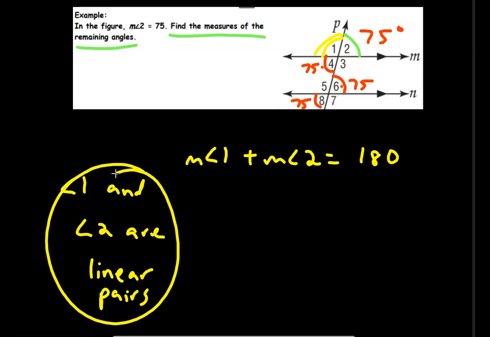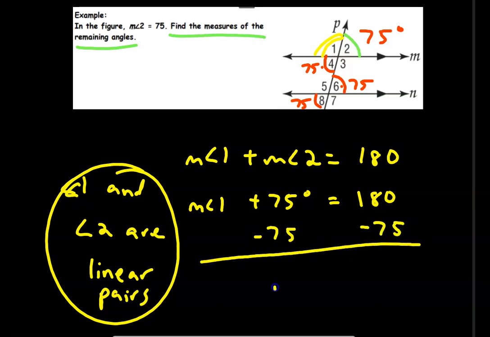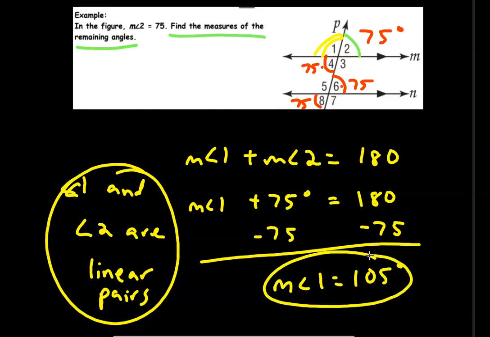So they add up to 180. So the measure of angle 1 plus 75 is 180. If I subtract 75 from both sides to isolate the measure of angle 1, I know that the measure of angle 1 has to be 105 degrees. So I know that for sure.